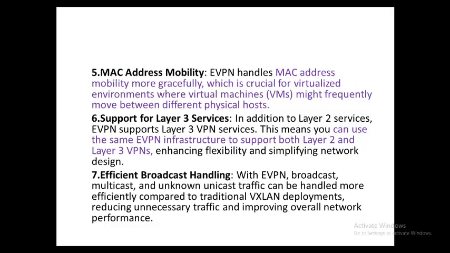Do you understand this MAC address mobility? Or do you want me to explain? Though I'm not a VMware guy, I know a little bit of how it works from the Cisco perspective. Let's say you have a server. It can be a Cisco UCS server or Dell server, whatever. But you got a lot of VMs.